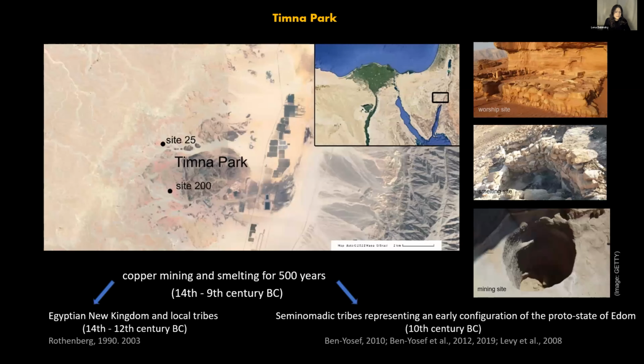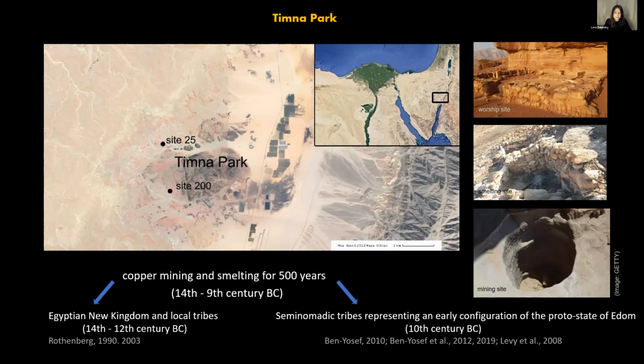As a case study, Timna Park, located in southern Israel, contains remains of a copper industry spread across no less than 500 years. On the right, you can see examples of finds in the park, a worship site, and smelting and mining sites. And the question: who managed the copper mining and smelting work when it was at its peak?